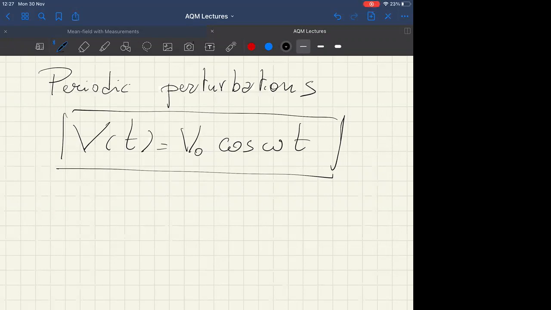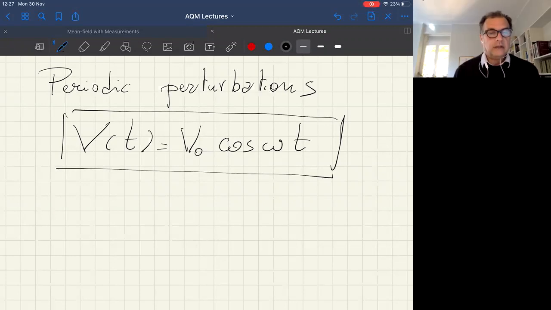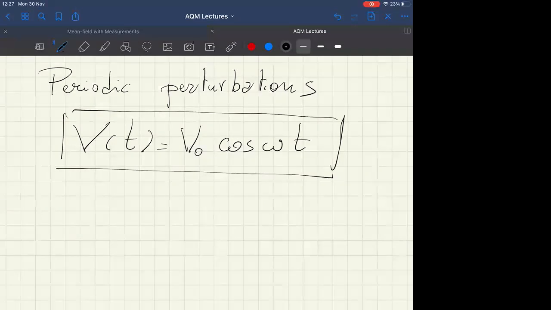Because in solid state physics, we have a periodic Hamiltonian, but based on K. Right. So the answer is that what we are going to do is something which is much simpler than Floquet.